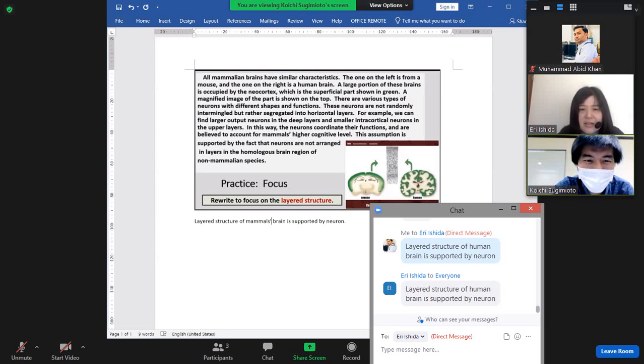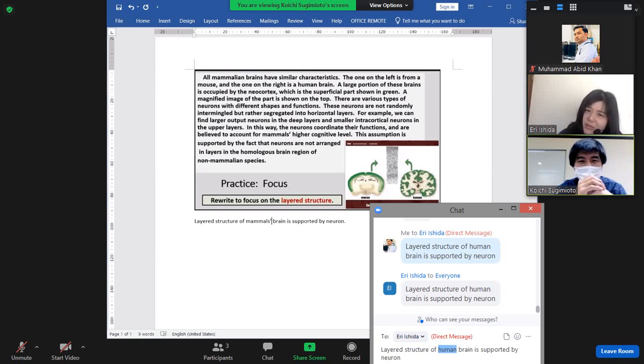This type of neurons. It is difficult to make a topic sentence.